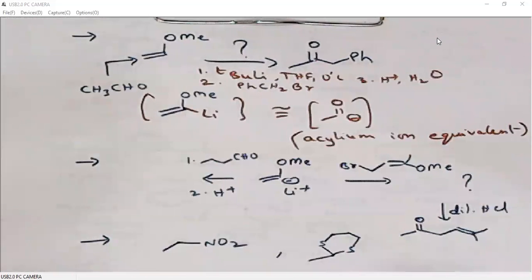It can be treated with other electrophiles, and after that, when we do Nef reaction, the nitro group will be converted to carbonyl. And similarly, when we deprotect it, it becomes carbonyl again. So that is why these are called acyl ion equivalents.